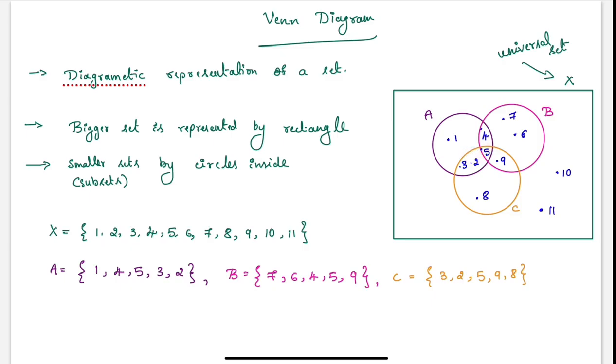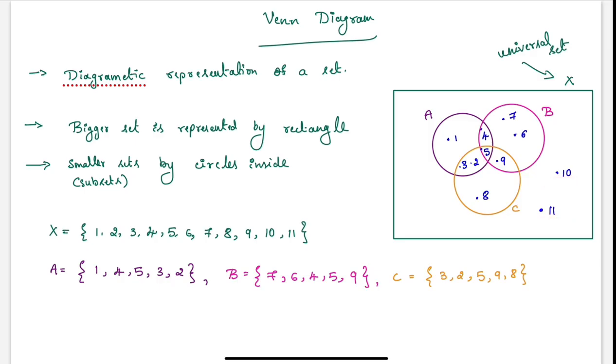Similarly, you can observe how B and C are written. When you study the operations, in a while you will get to know how we have written these elements in between and how these elements are outside.